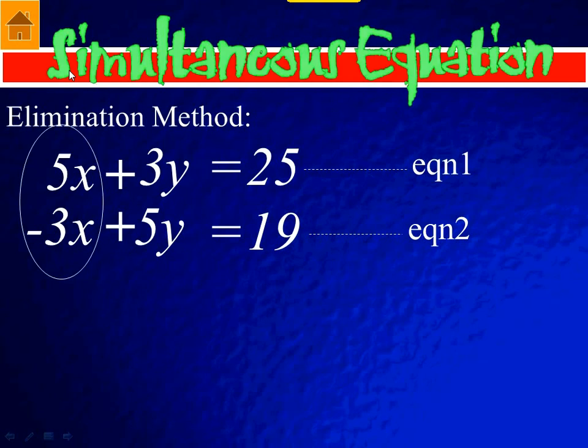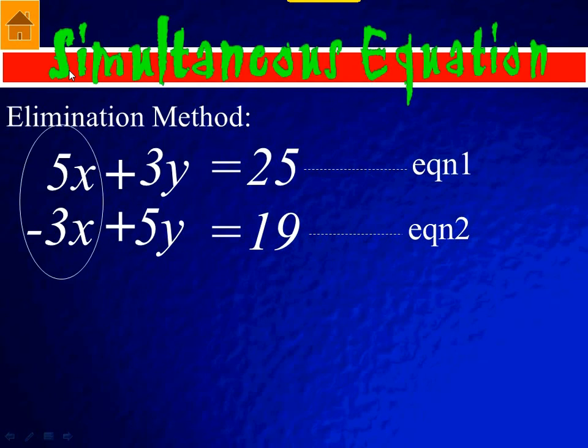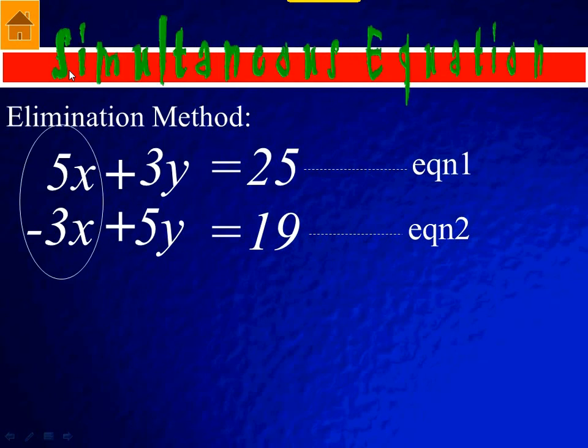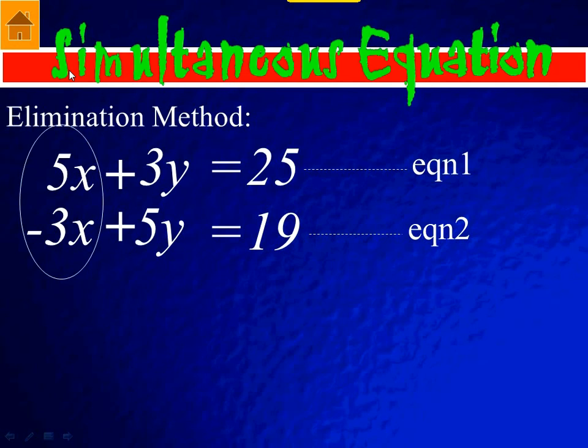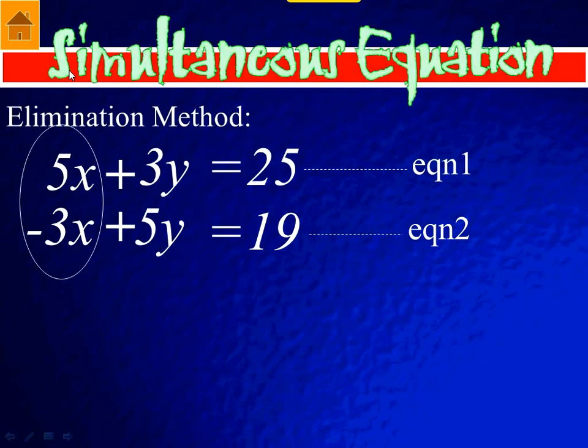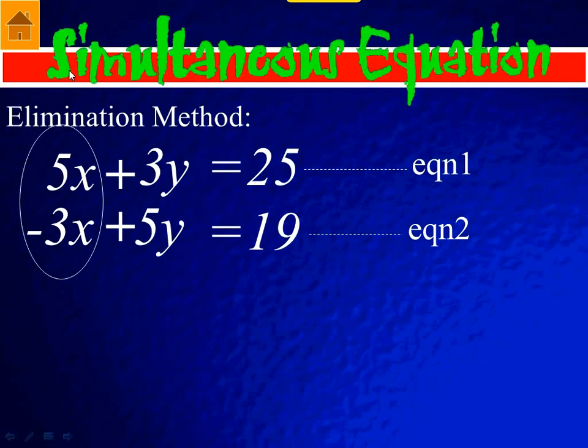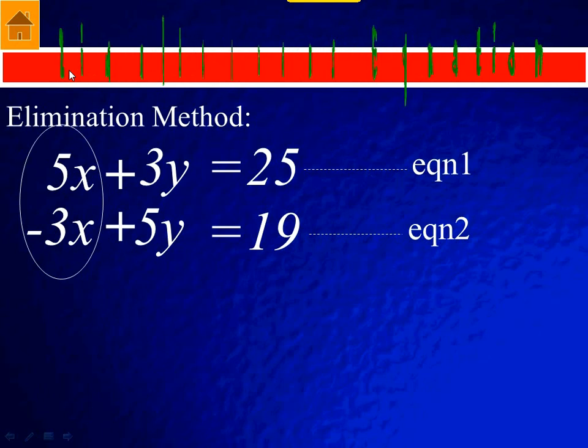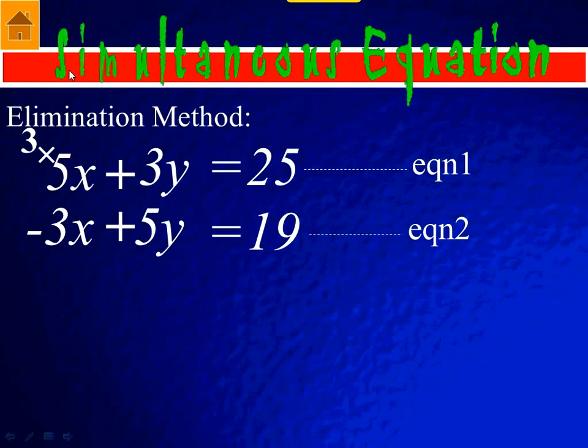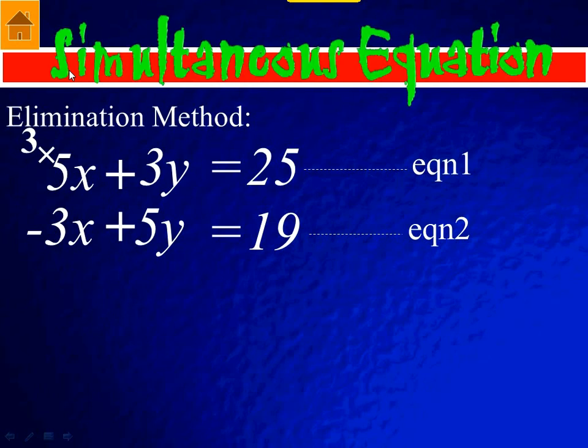In eliminating the x, we must see what we multiply the x in the first equation by, and what we multiply the x in the second equation by, to ensure that both equations would have a number that is the same size. And obviously we would multiply equation 1 by 3.